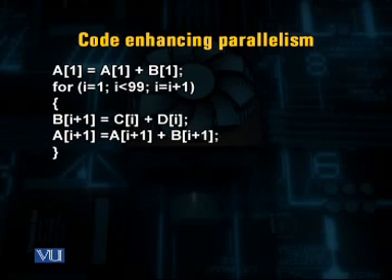In this particular case, what we have done is bring the computation of A1 and the 101st value of B out of the loop, and the loop is repeated 99 times instead of 100 times as in our first case.